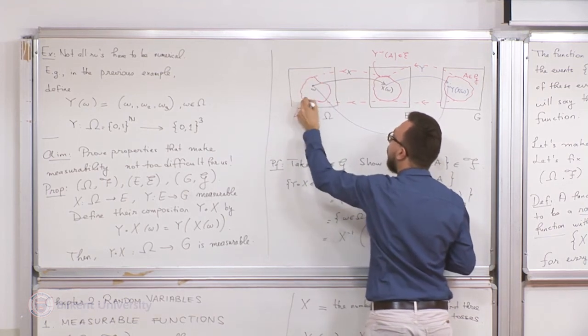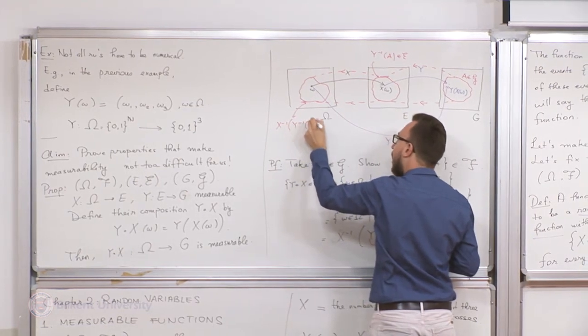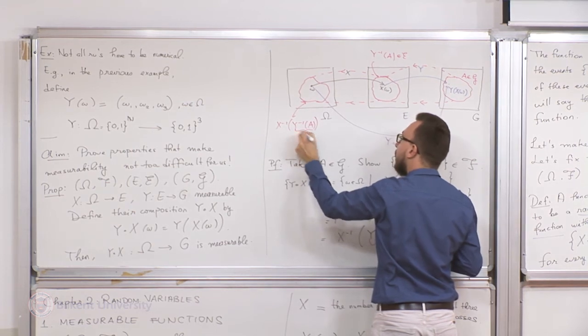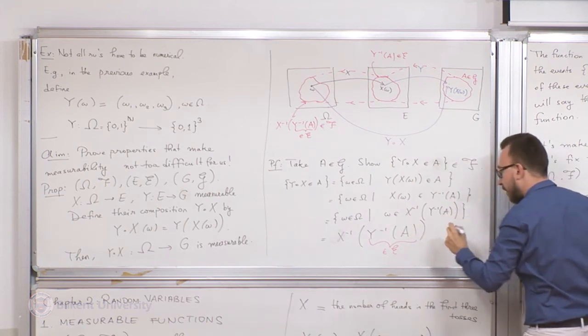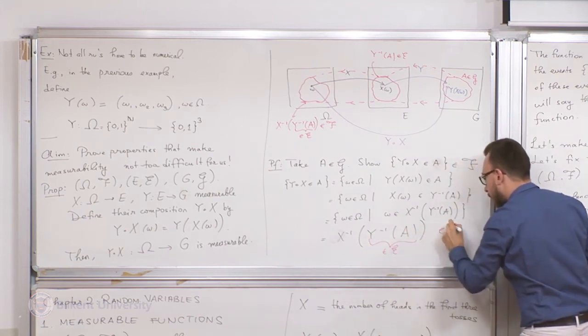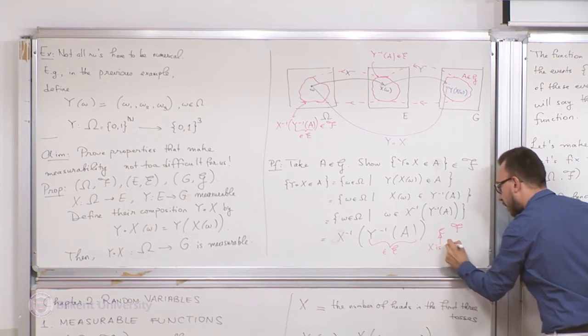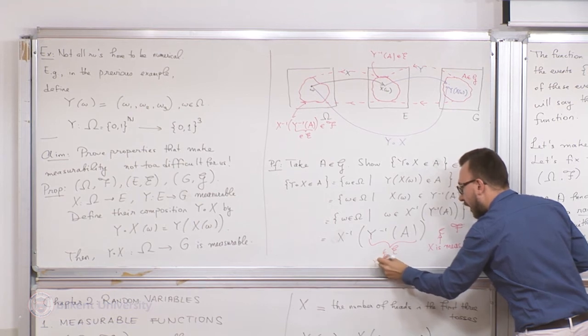So this is going to be X inverse of Y inverse of A. And since this is in E, this must be in F, because X is measurable. So this is because X is measurable. This is because Y is measurable.